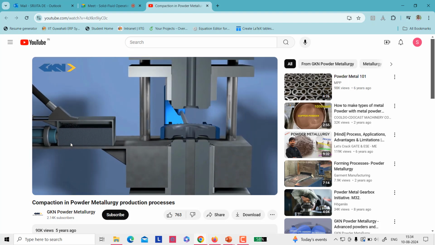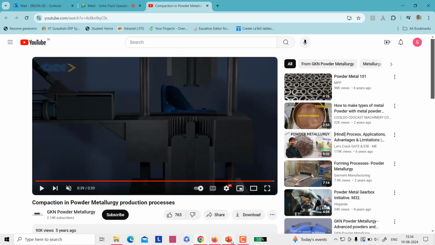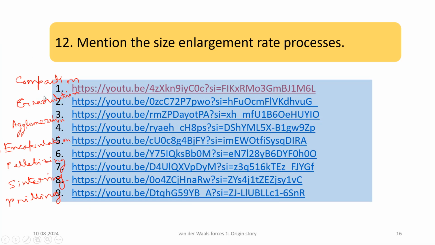Compaction means two forces are acting on your feed.